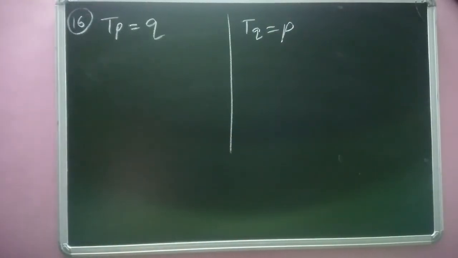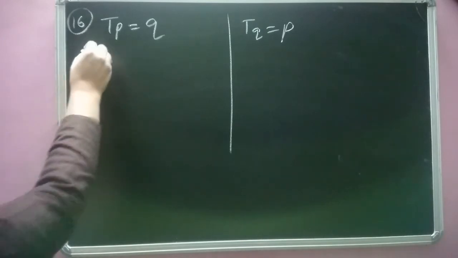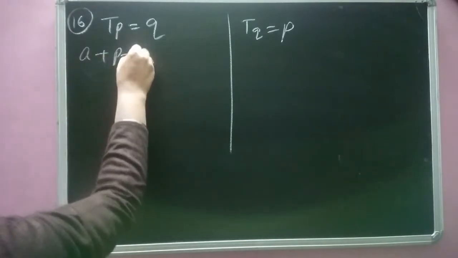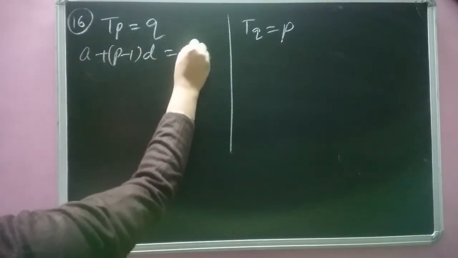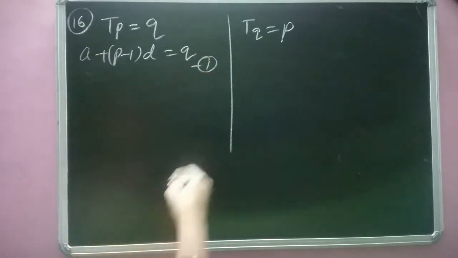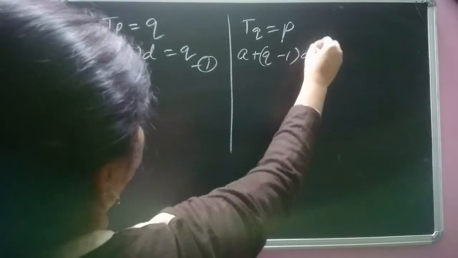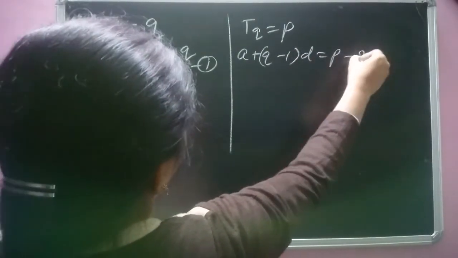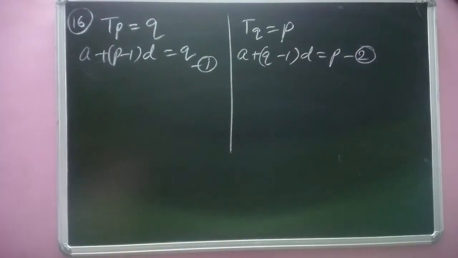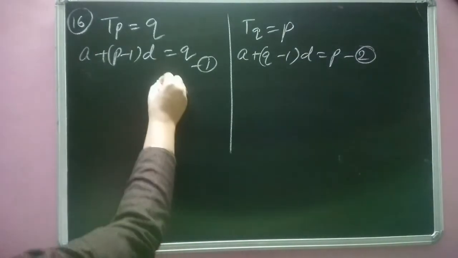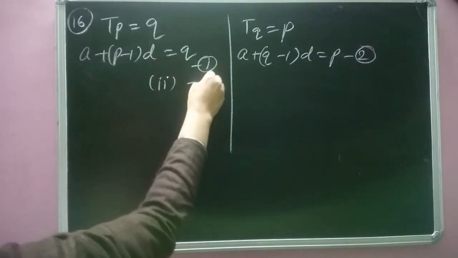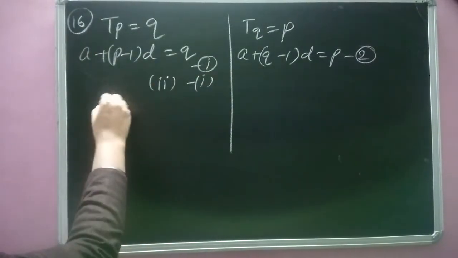Now Pth term Tp can be taken as A plus P minus 1 into D. This is equal to Q, the first equation. And the Qth term can be taken as A plus Q minus 1 into D. This is equal to P, the second equation. We need A and D, so we will subtract the first equation from the second.